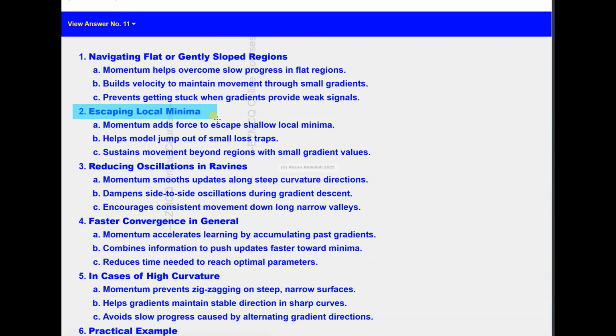Escaping the local minima. Momentum can also help the optimizer escape shallow local minima. Shallow means it's not very deep. It uses the accumulated prior gradient history to carry the parameters forward, basically using the past to predict what could be seen.